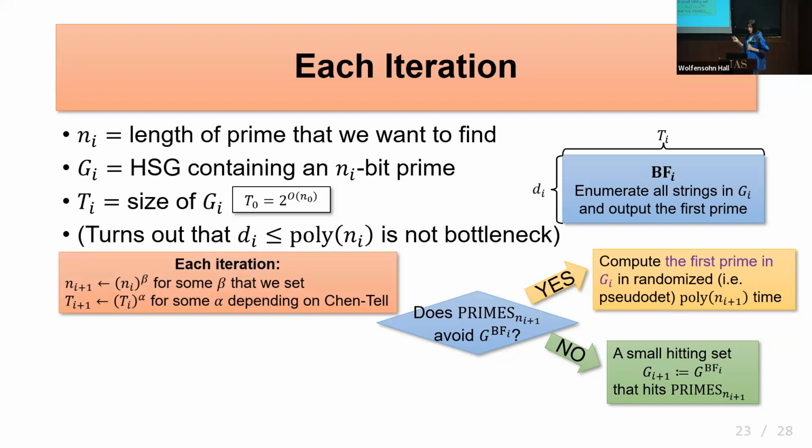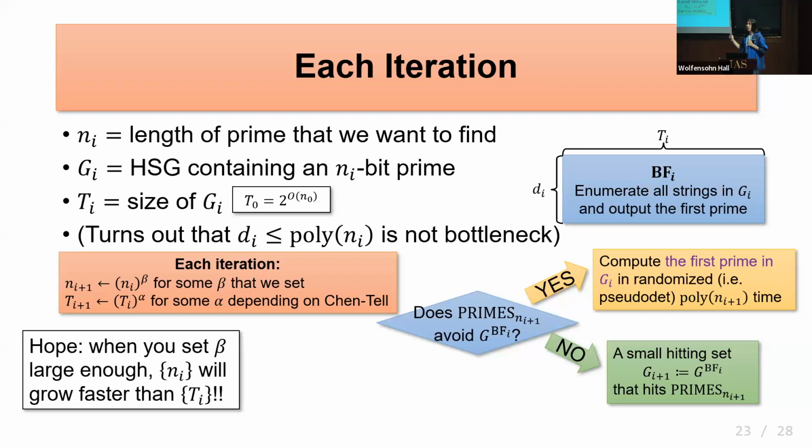To calculate the parameters, first, Ti plus 1 is some absolute polynomial in Ti. You can think of it as Ti to the 100th. But the relationship between Ni plus 1 and Ni is something that we are free to manipulate. So we can set Ni plus 1 to be a bigger polynomial over Ni. This will mean that the sequence of Ni grows faster than the sequence of Ti.